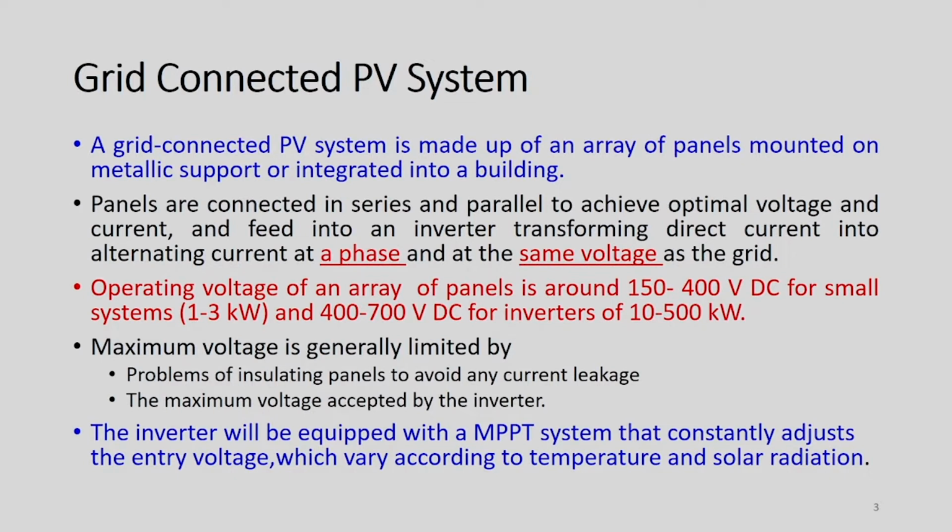A grid connected PV system is made up of an array of panels mounted on metallic support or integrated into a building. The panels are connected in series and parallel to achieve optimal voltage and current and feed into the inverter, which transforms direct current into alternating current at the same phase and at the same voltage as the grid.